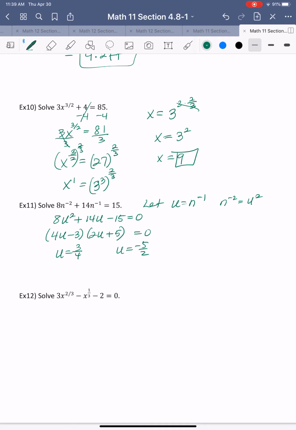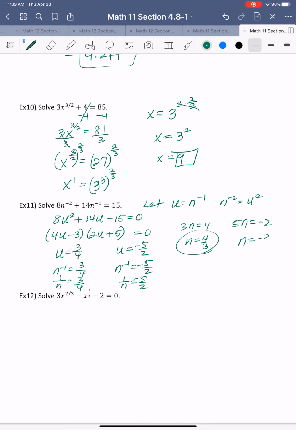But u was actually n to the -1, so n to the -1 power was 3/4 and n to the -1 power was -5 over 2. And 1 over n is 3 over 4 and 1 over n is -5 over 2. When you cross multiply, 3n equals 4, so n equals 4/3. That's one solution. And then if you cross multiply, 5n equals -2, so n equals -2 over 5. That's another solution for this equation.